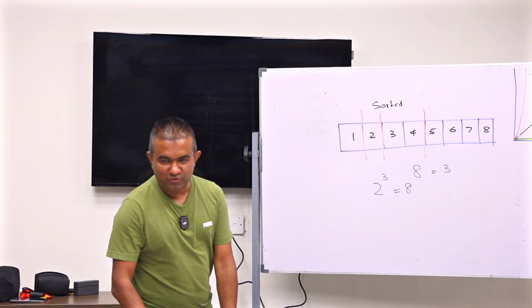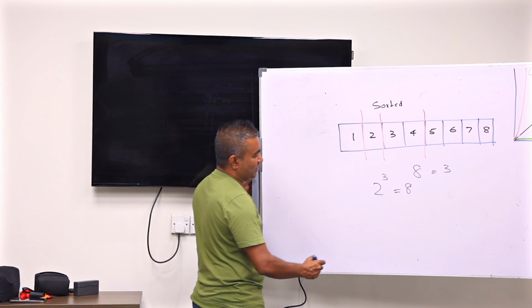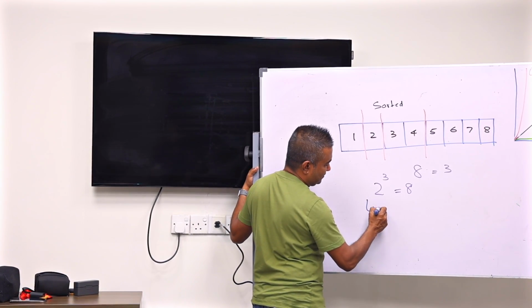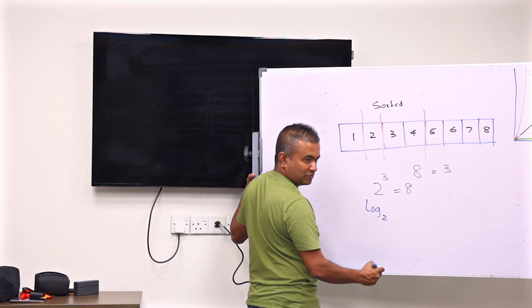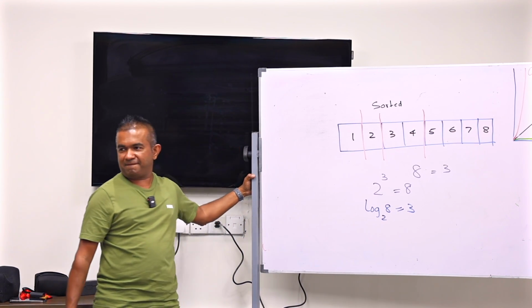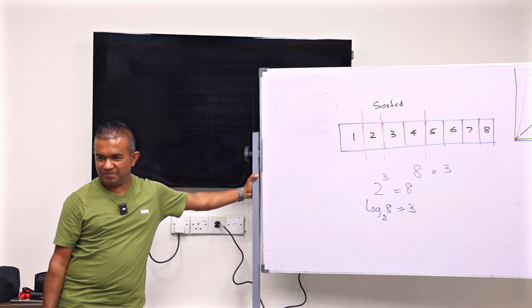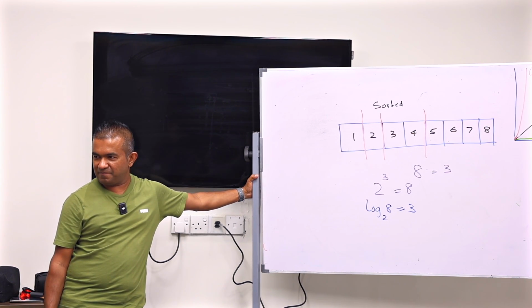And now we can convert this to logs. How? Log base 2 of 8 is 3. Log 8, log base 2, 8 is 3.